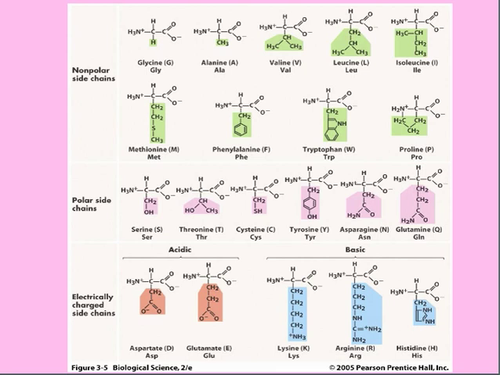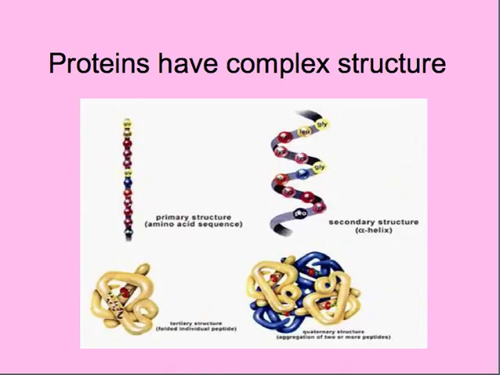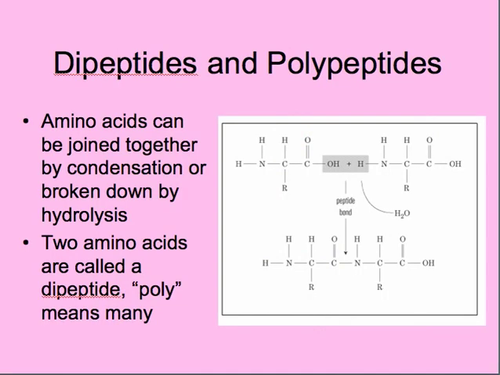And these side groups then interact with each other when they are in a chain of amino acids, in other words, in a protein, by repelling or attracting each other, and this causes proteins to take on specific shapes, which is the most important thing about proteins.